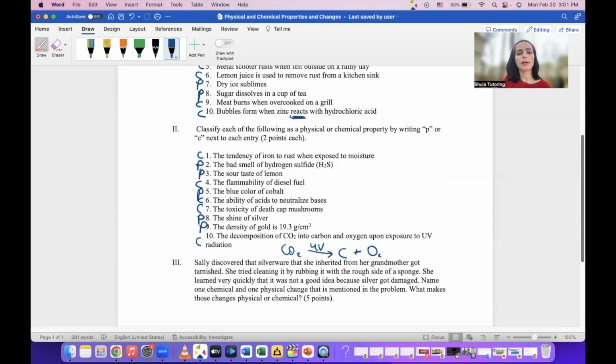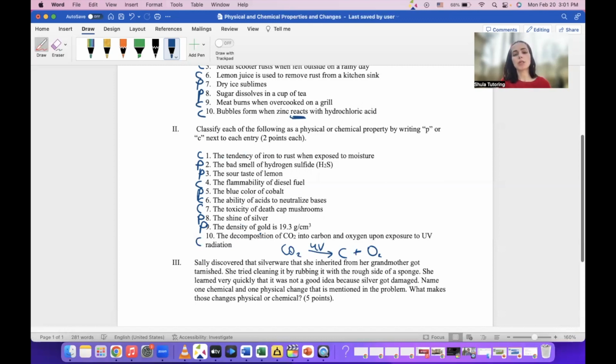So if you look at all the chemical properties here, the tendency to rust, tendency of acids to neutralize bases, acidity, toxicity, ability to decompose, all those properties are being displayed as we are changing the original substance into something new.